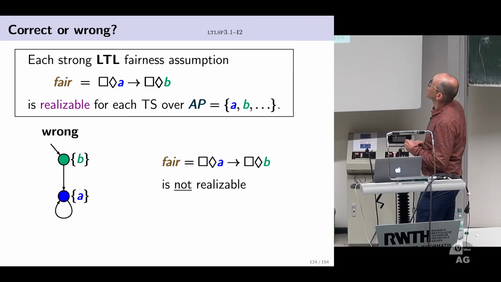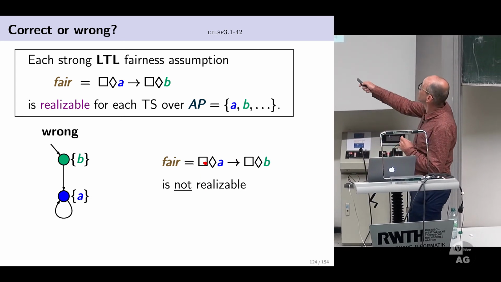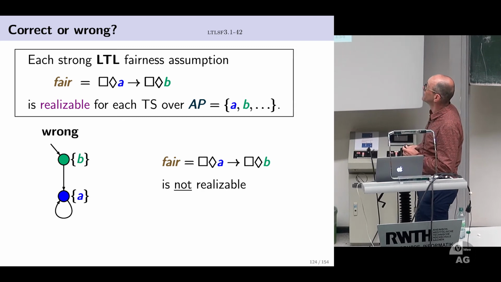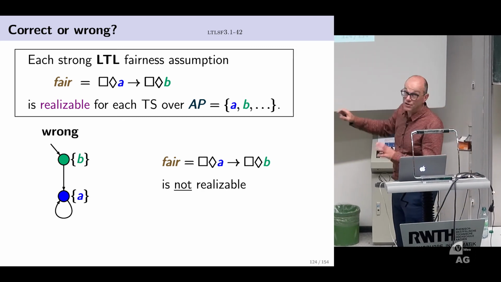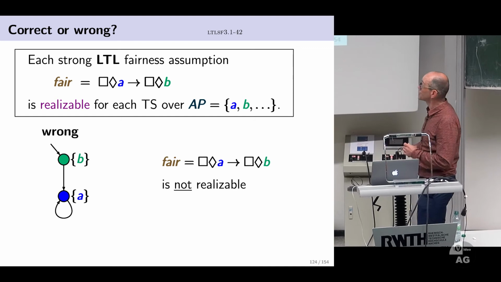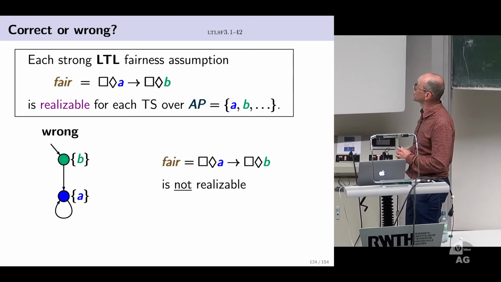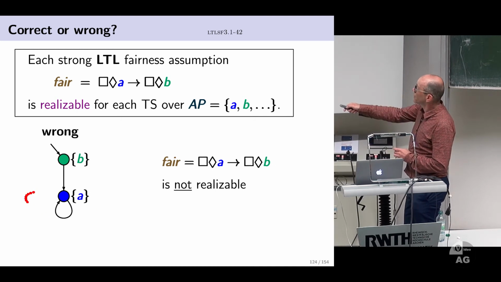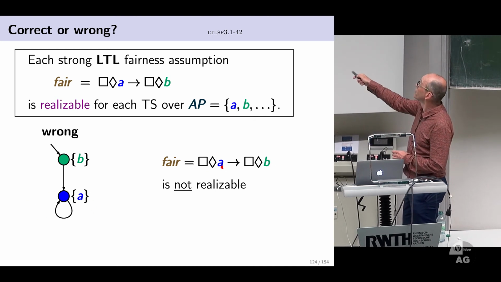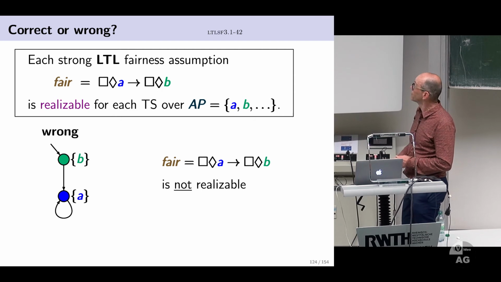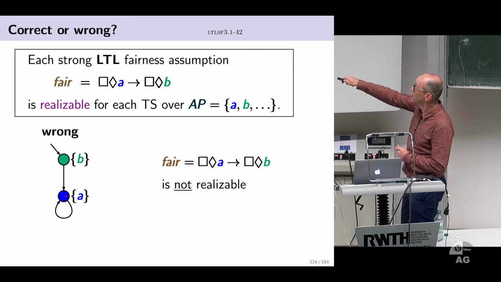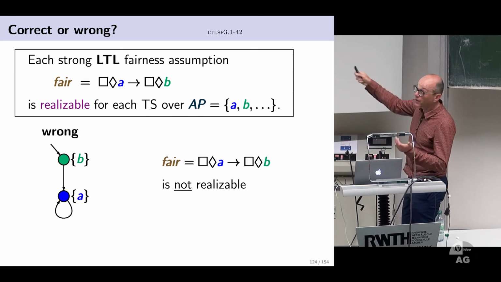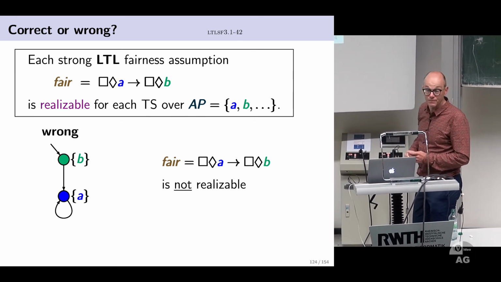So here we have an example of a strong fairness assumption, infinitely often A and infinitely often B. Here we have a transition system which has no terminal states, so it fits the framework we are always considering. But this is not realizable, because you get infinitely often A, but if you have infinitely often A, you have to establish infinitely often B. So this is a reachable state from which no fair execution is starting, and therefore this is not realizable.